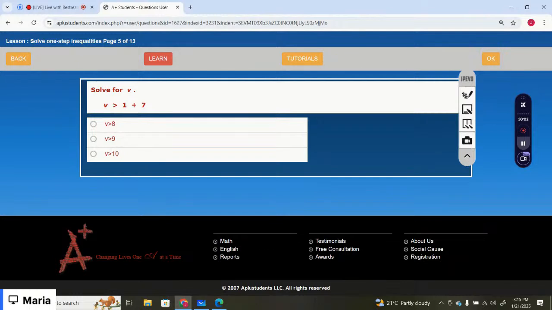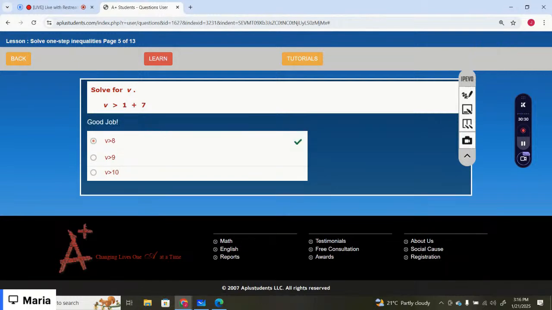Solve for v. v is greater than 1 plus 7, which is the correct option. v is greater than 8. Option number 1 is the correct option.